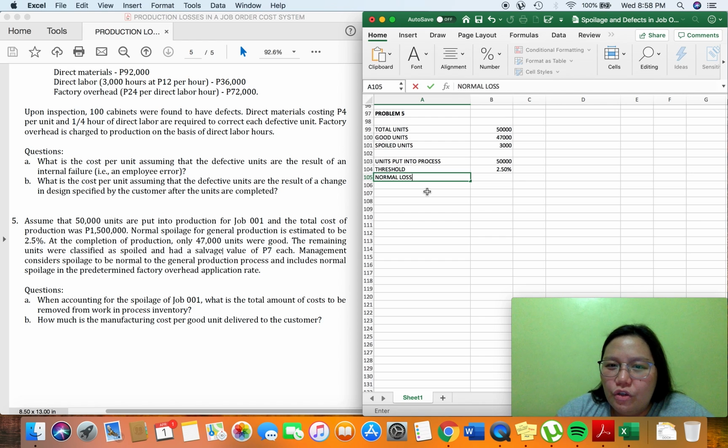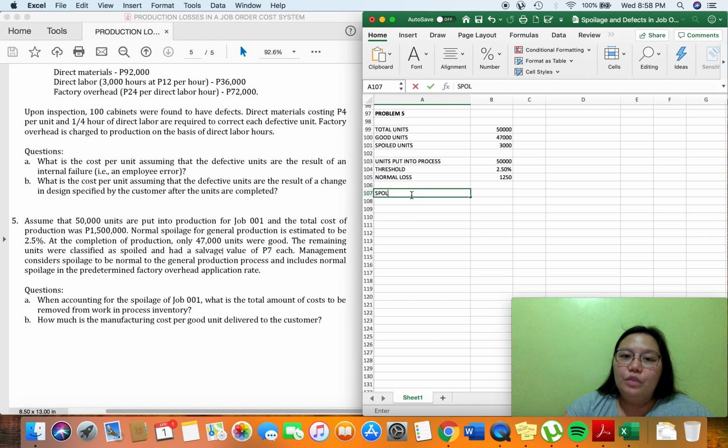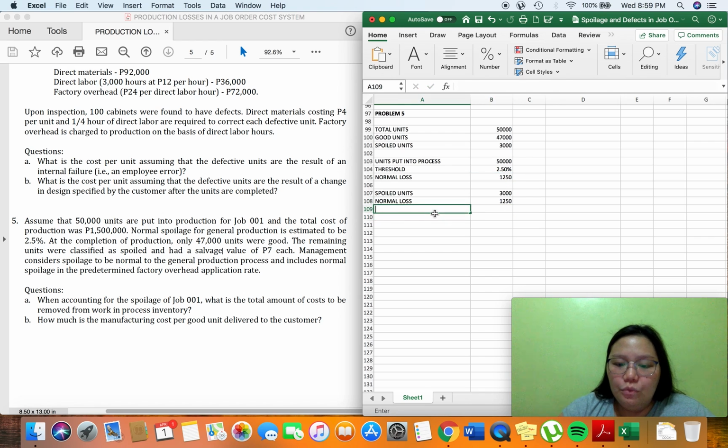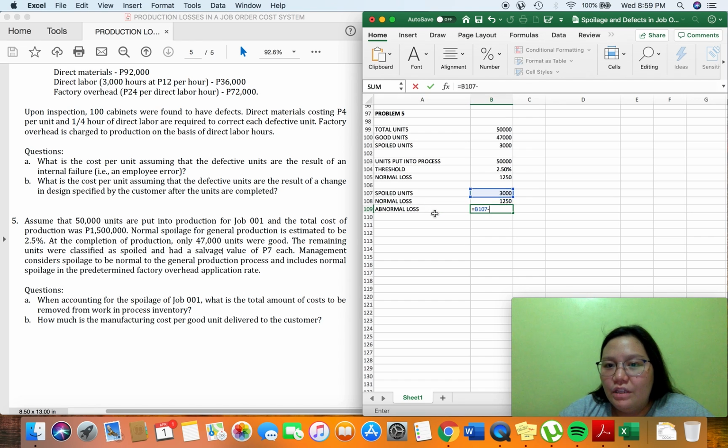Normal loss threshold is equal to, I think, 1,250 units. So, ibig sabihin, yung total spoiled units natin kanina is equal to 3,000. And then, bawas mo dyan yung normal loss mo, which is equal to 1,250. So, we have an abnormal loss of 1,750 units. This is our abnormal loss.